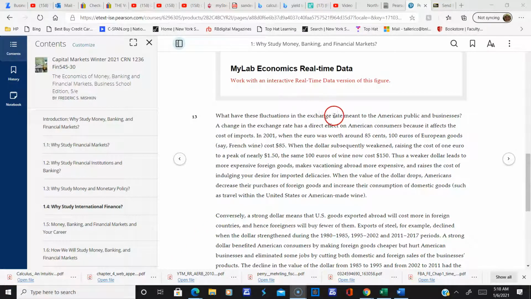What have these fluctuations in the exchange rate meant to the American public and businesses? Exchange rate changes affect imports and exports, as you probably are aware. That affects American consumers, because it reflects the cost of imports.